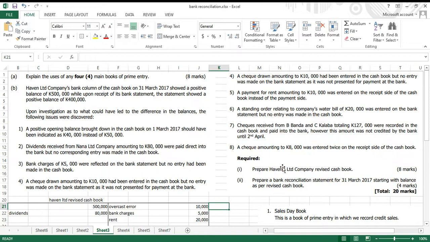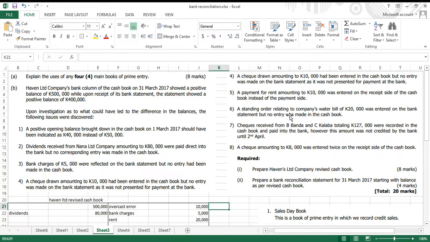All right. A standing order relating to the company's water bill of 20,000 was entered on the bank statement, but no entry was made in the cash book. So a standing order, these are payments that our bank takes care of for us. For example, nowadays you can pay for DSTV, water, electricity via your bank.